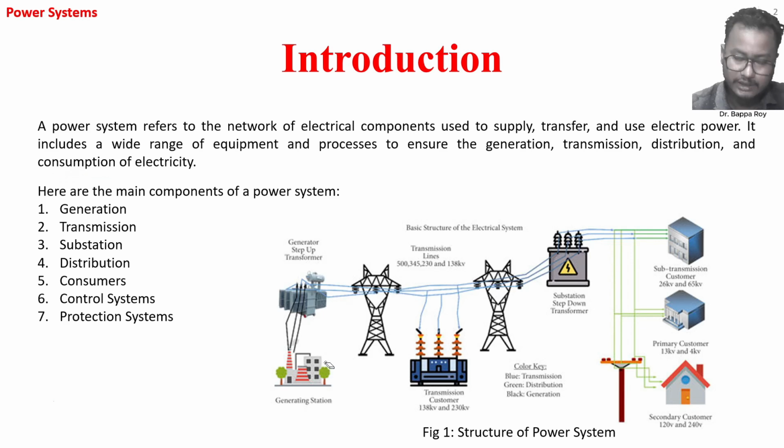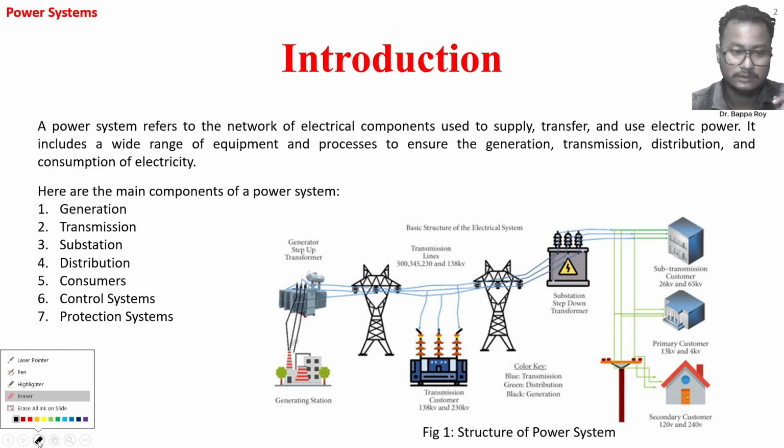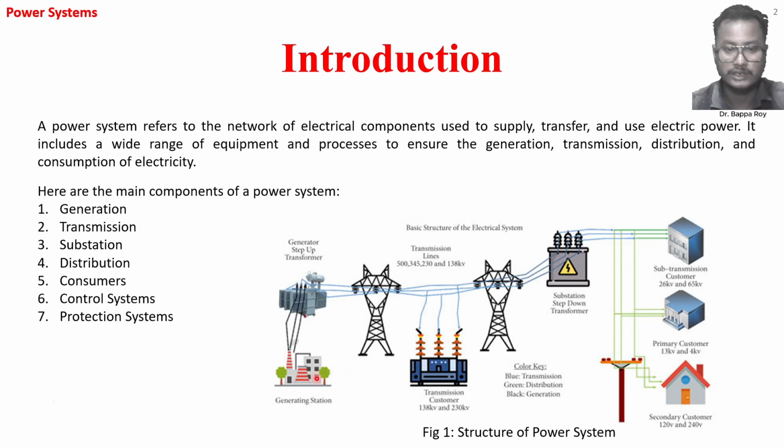Again I want to say, I don't want to make this a lengthy video. It's a small video, we'll just understand the figure only. First of all we are generating at the generating station, then we are going to transmit.